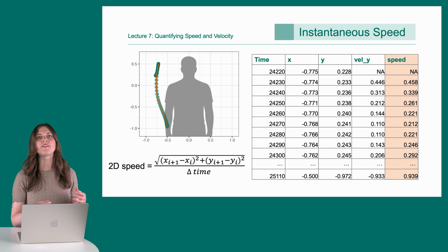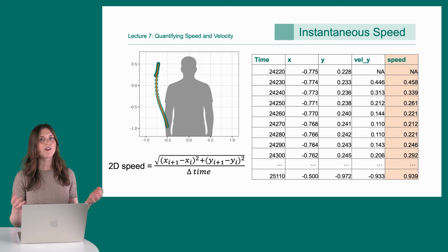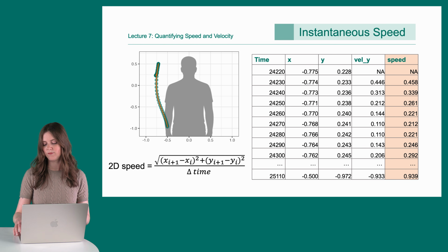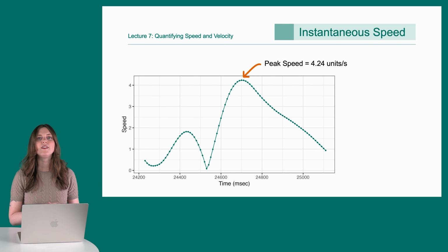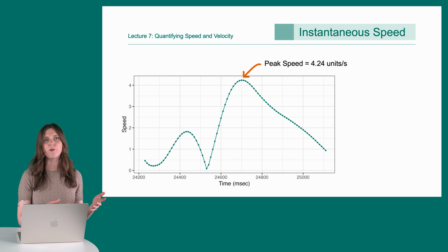But we do see that the speed values are always higher because we're considering movement on both x and y axes. However, one big difference is that the value of speed is always positive because we don't take directionality into account. Again, our speed measure is in units per second because we've factored in our video frame rate to make it more interpretable.